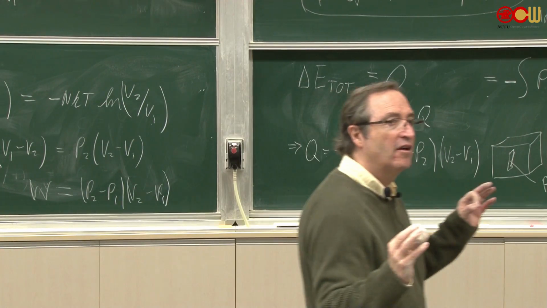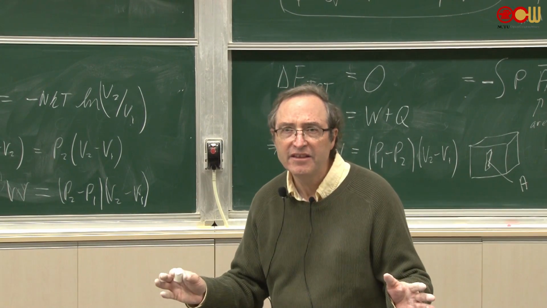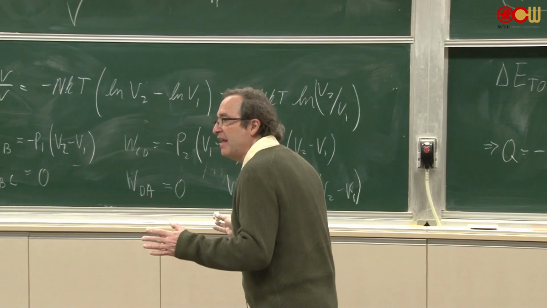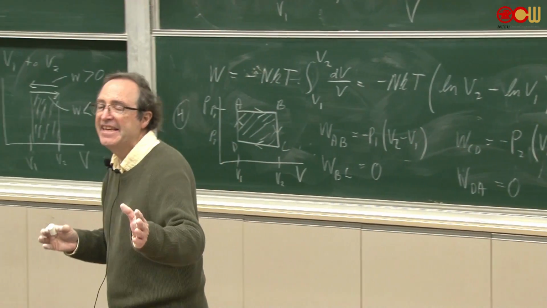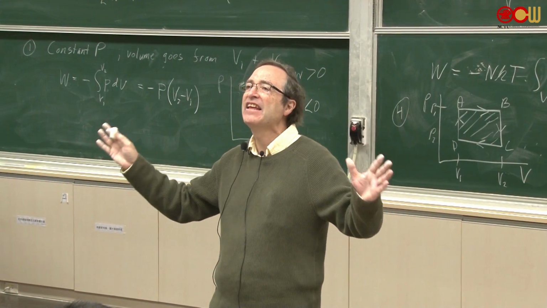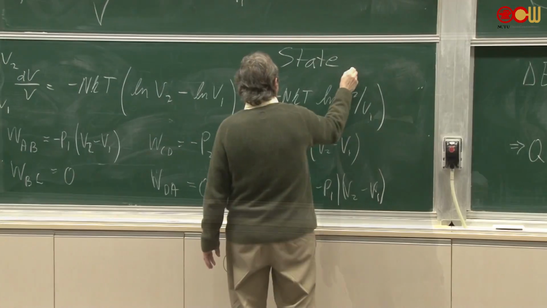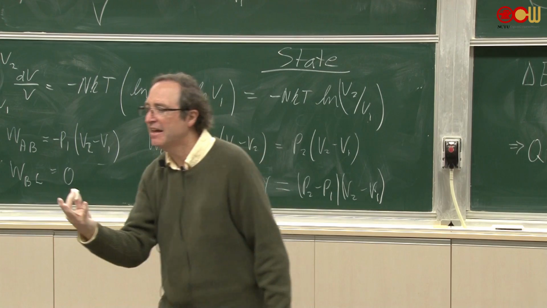Now, I want to mention one last thing. There are certain quantities, E, P, V, N, T. They're examples of what are called state variables. They define the state of the system.